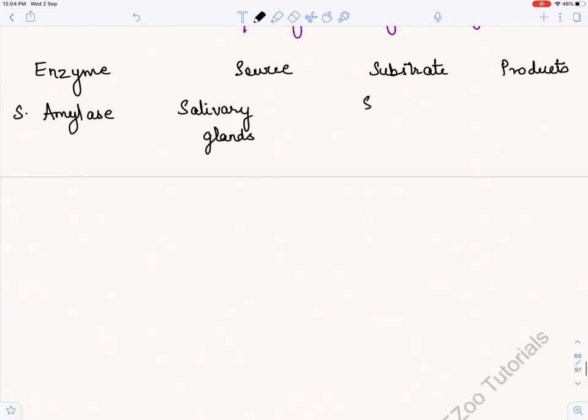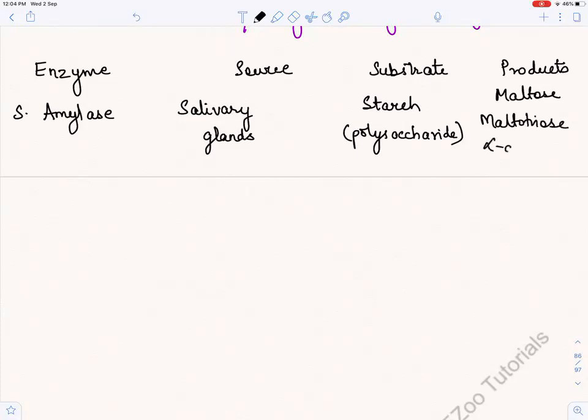What is the substrate? Starch or polysaccharide. What are the products? Maltose, maltotriose, alpha dextrins.